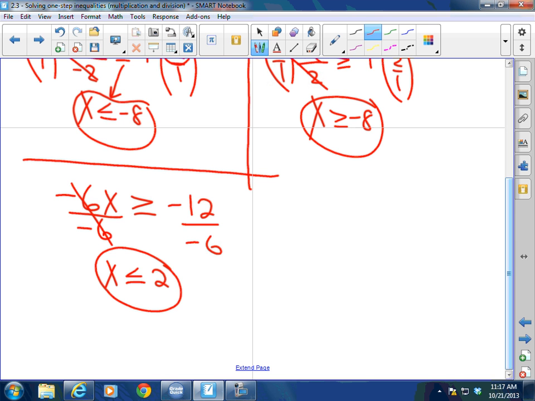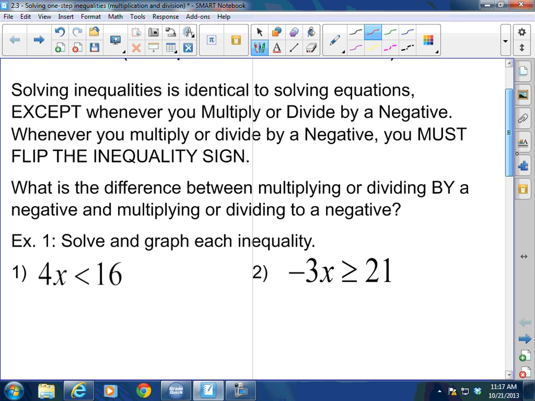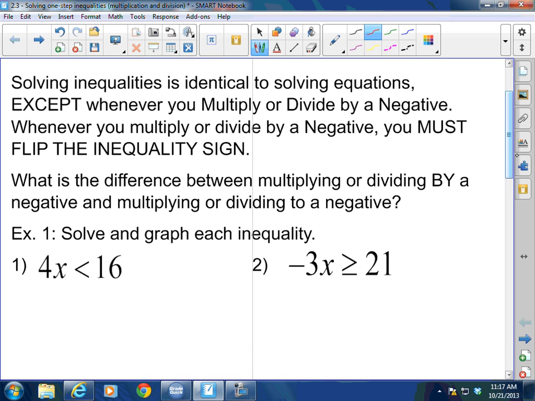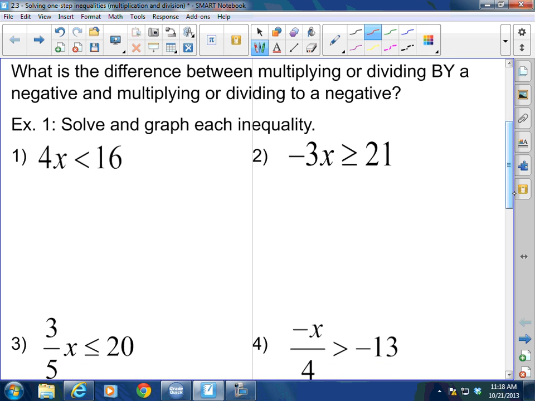All right, awesome. So, solving inequalities is identical to solving equations, except whenever you multiply or divide by a negative, you must flip the inequality sign. It's just the way it goes. We already discussed the difference between by a negative and to a negative, so let's do some examples. 4x is less than 16.